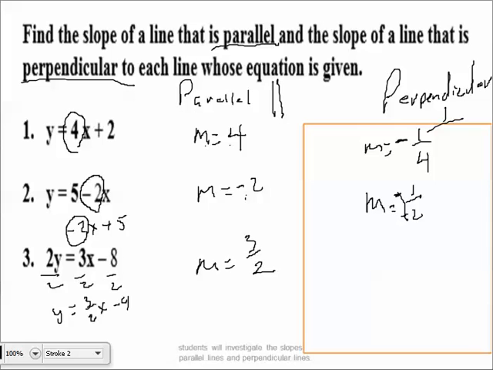Wait a second, 2 negatives make a positive, that'd be 1/2. Okay, this is working out easy. So this last one down here, 3/2, flip it over, 2/3, and make it negative. I'm not even having to do any calculations here. I'm just writing them down, aren't I? Doesn't seem that difficult. I think you guys can figure this one out.